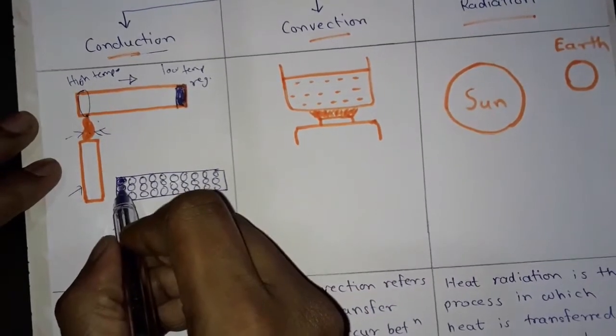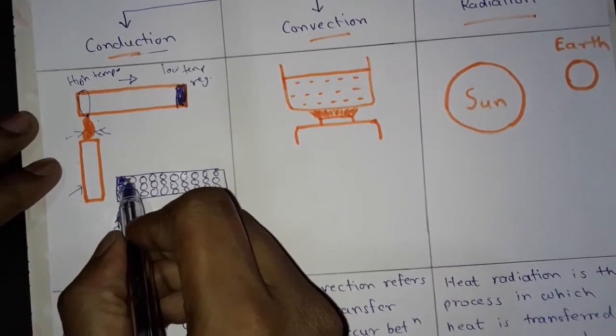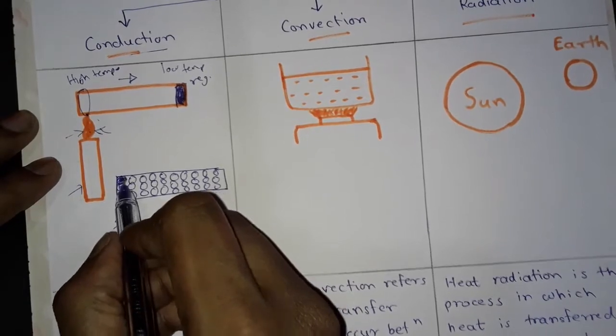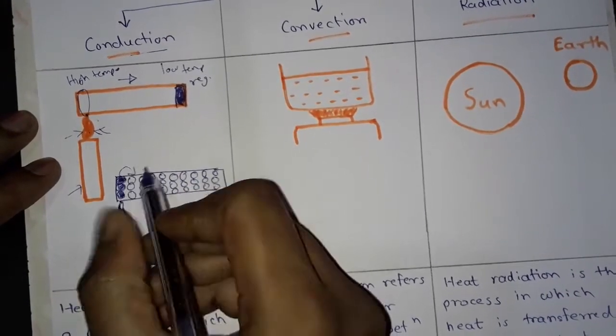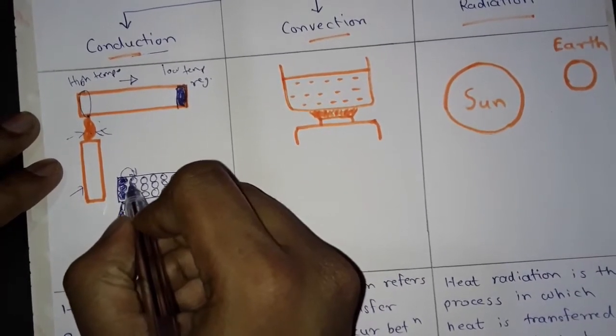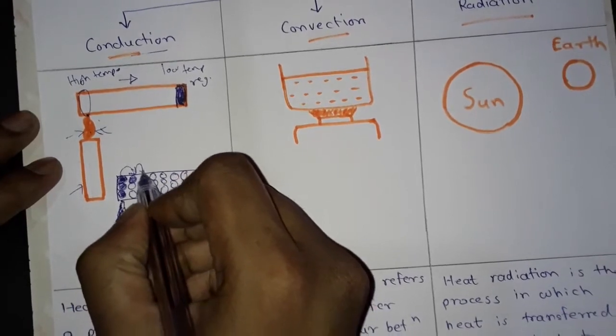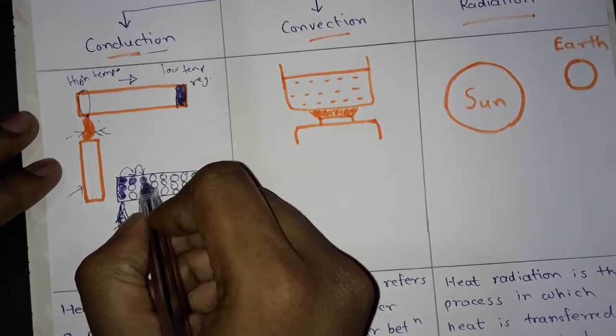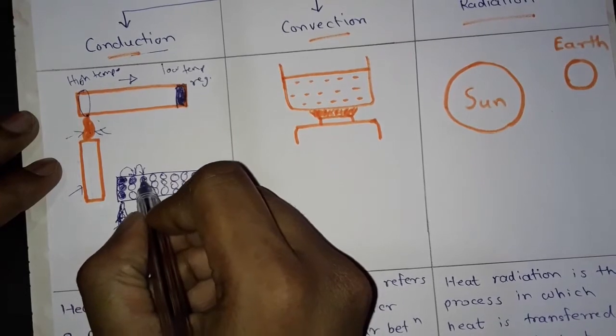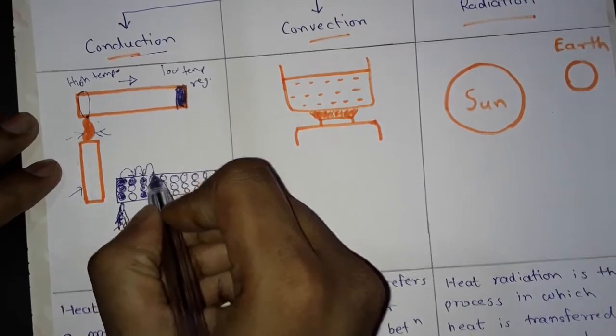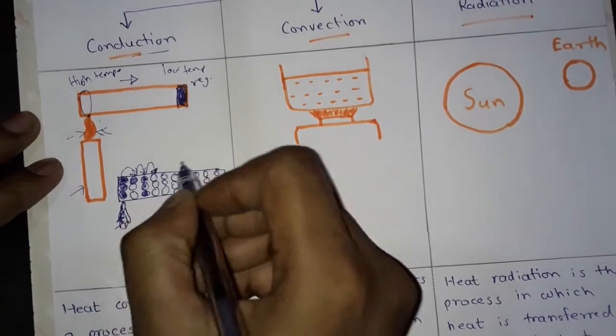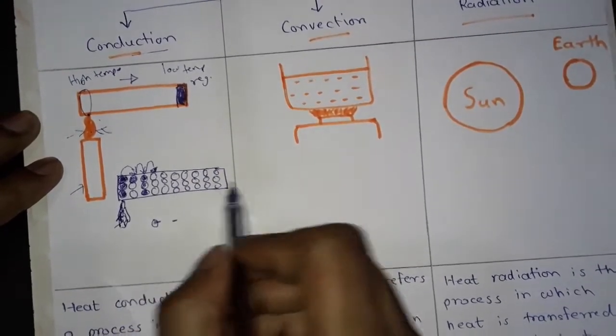this vibrates, and this vibration transfers heat from these molecules to these. Then again these molecules vibrate about their mean position, then this transfers to these, and again these molecules vibrate about their mean position, and this again transfers to these molecules, and so on further.